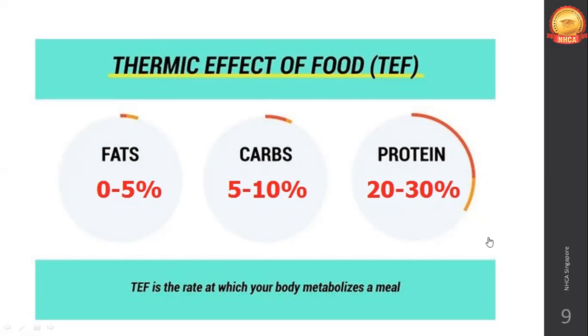So even tomorrow, if they indulge in a bit more of a carbohydrate rich diet or a fat rich diet, they already have a high BMR. Because of that, the high carb diet and fat diet will also get metabolized sooner. So that's how the information from the thermic effect of food is valuable.